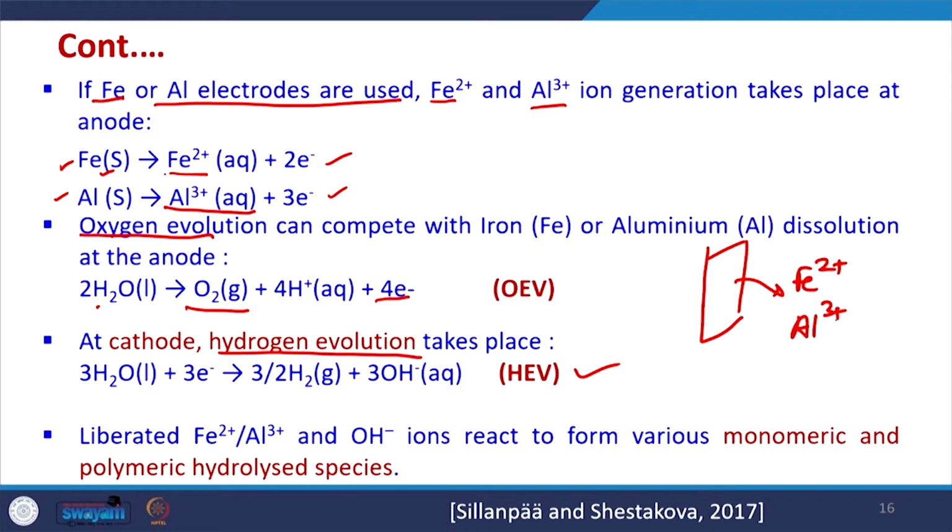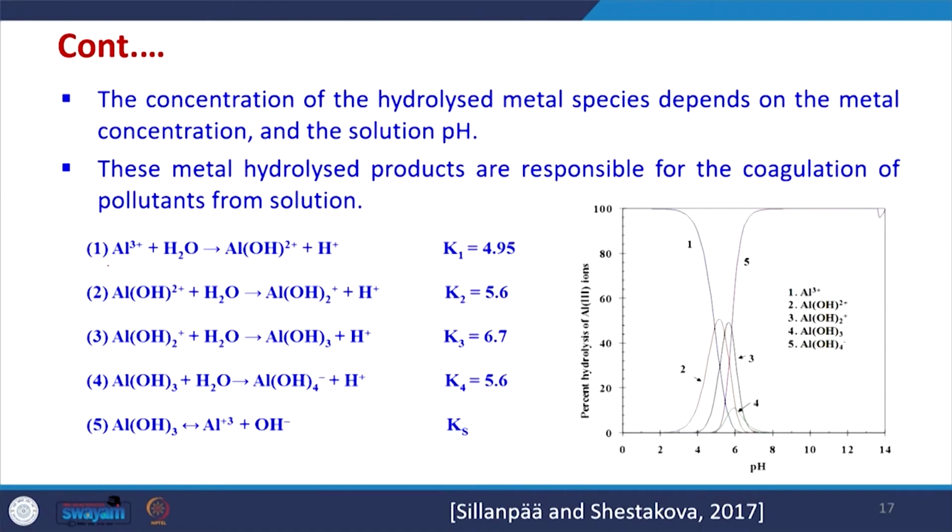Already different OH ions are present in the water, depending upon the pH condition, so they may react with these, and the reaction may form different types of monomeric or polymeric hydrolyzed species depending upon pH. We have understood this earlier: depending upon the pH, these metal hydrolyzed products are responsible for coagulation of pollutants from solution. So, any of these possibilities is there.